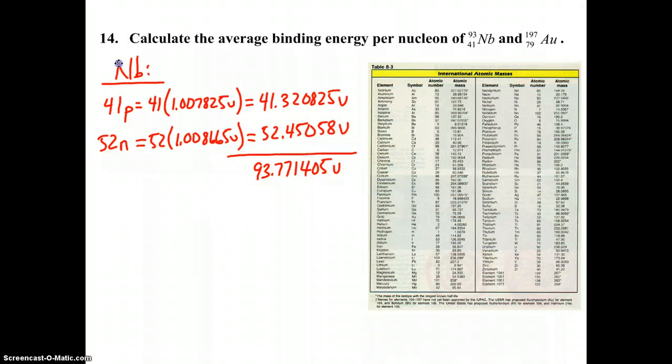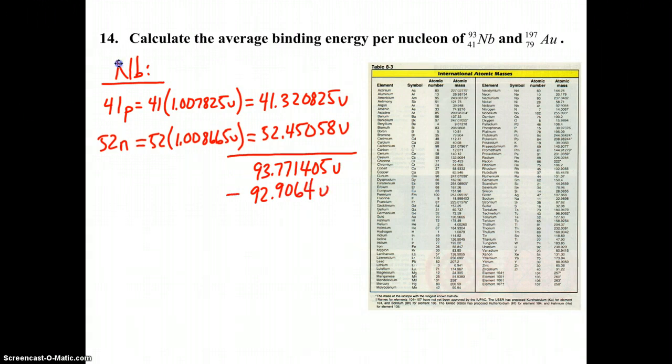We now go and look up Nb on the chart, and you have a chart on your assignment sheet, and I have one here for reference. They should be similar. And we see that the actual mass of the Nb nucleus is 92.9064 atomic mass units.